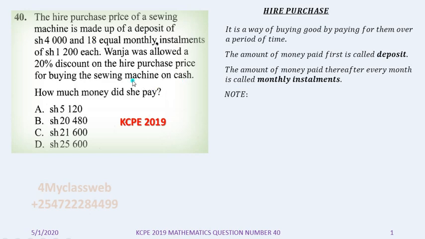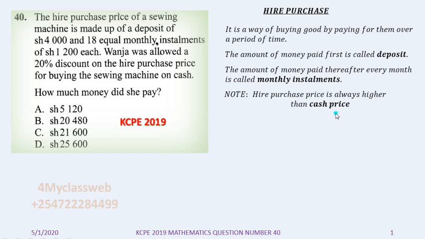Like we can see from this question, this lady Wanjiru was to be allowed 20% discount on the hire purchase price for buying that sewing machine on cash basis, and therefore that money was being calculated in terms of hire purchase, but if she agrees to buy the item on cash basis, 20% will be deducted from that hire purchase price. And therefore you'll note that the hire purchase price is always higher than the cash price.